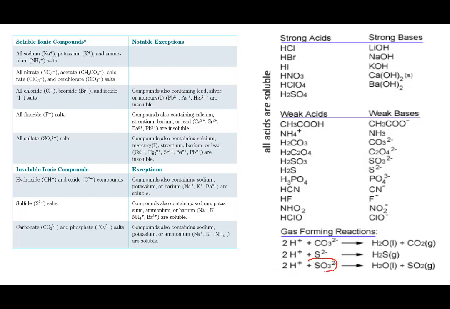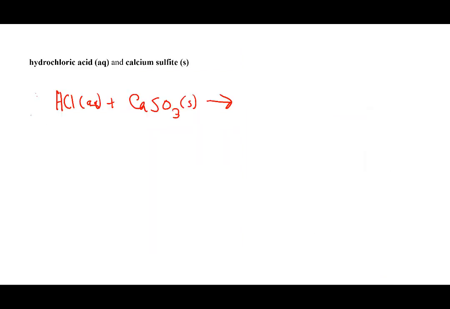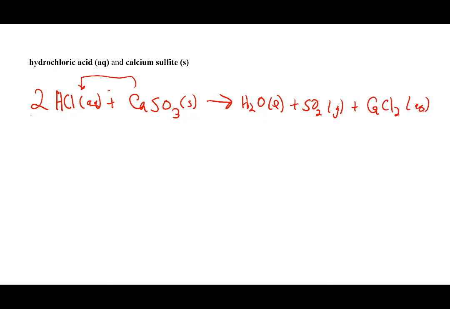So when it reacts with an acid, it's going to react with 2 H pluses. It's going to make water and SO2 gas, very much like the carbonate reaction. So we're going to need 2 hydrochloric acids because the 2 hydrogens need to react with the SO3. So that's going to make water, that'll be a liquid, plus SO2, that's a gas, plus calciums go with the chlorides, CaCl2, aqueous.